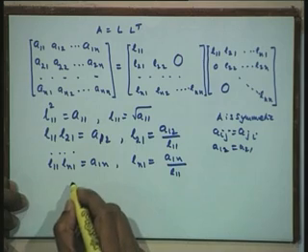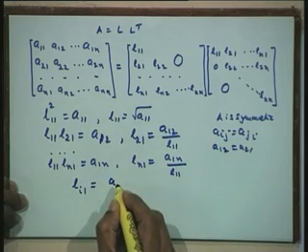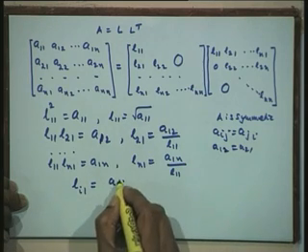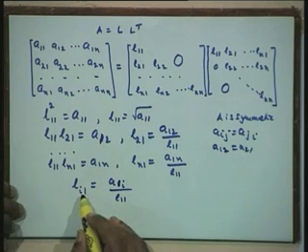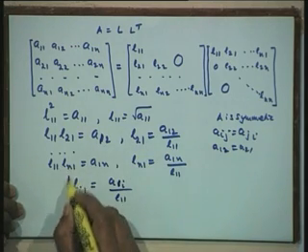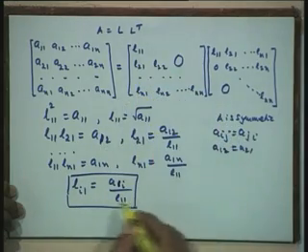Therefore, the entire set can be simply written as Li1 is equal to A1i by L11. This is L21, L31, Ln1 is A1n by L11. So, this is the first column of L that we have obtained from here.